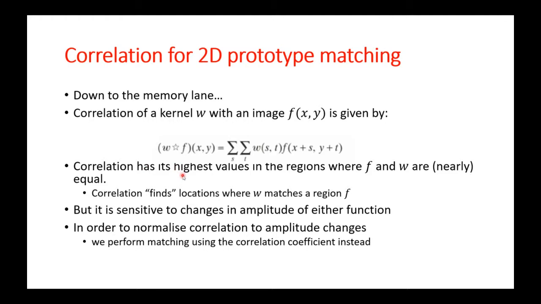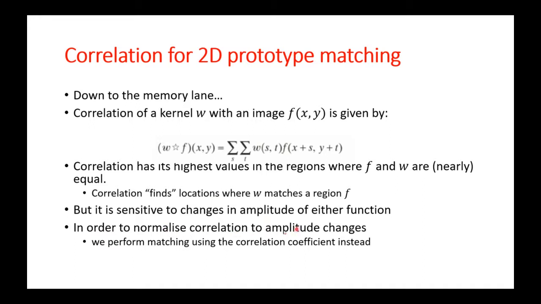And we all know that correlation has its highest values in the regions where f and w are nearly equal. So basically, you can say that correlation finds locations where the kernel matches a region in f. We've used that before. Unfortunately, correlation is sensitive to changes in amplitudes of either function, either the kernel or the image.